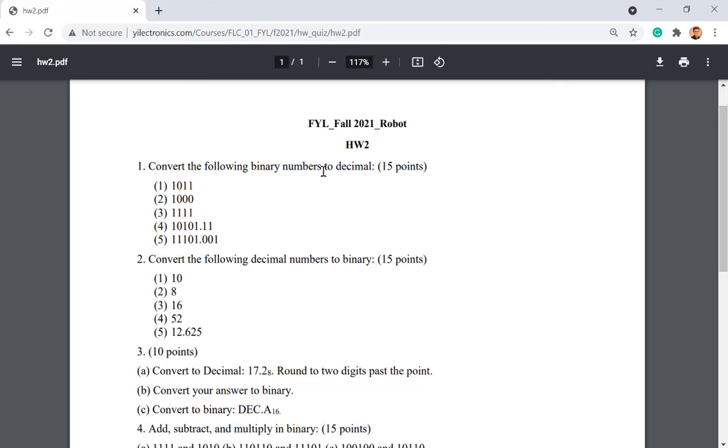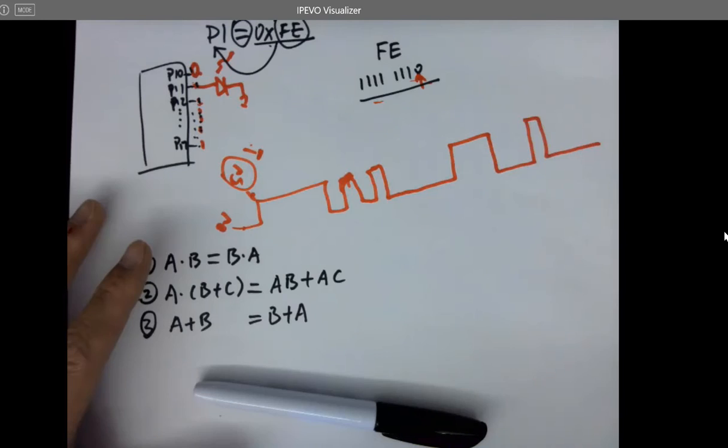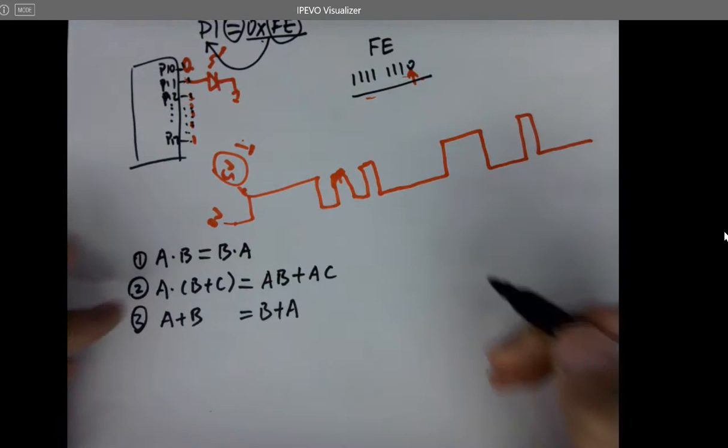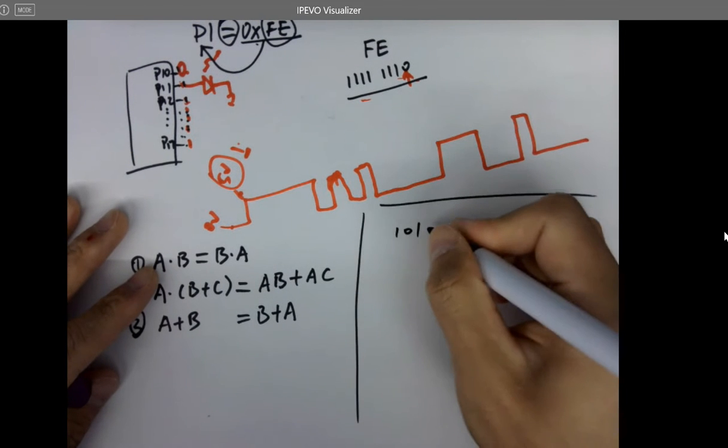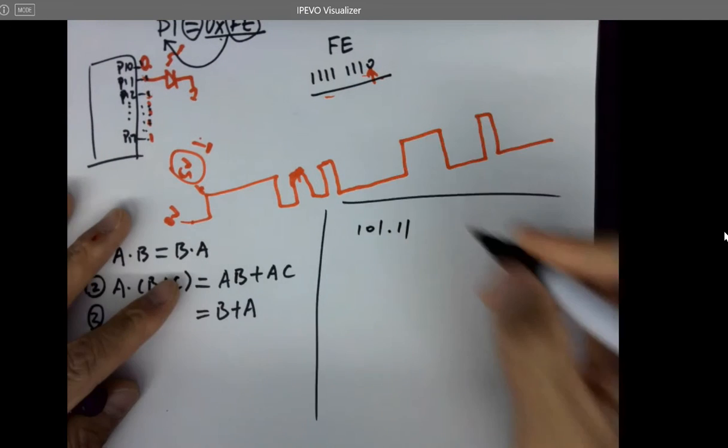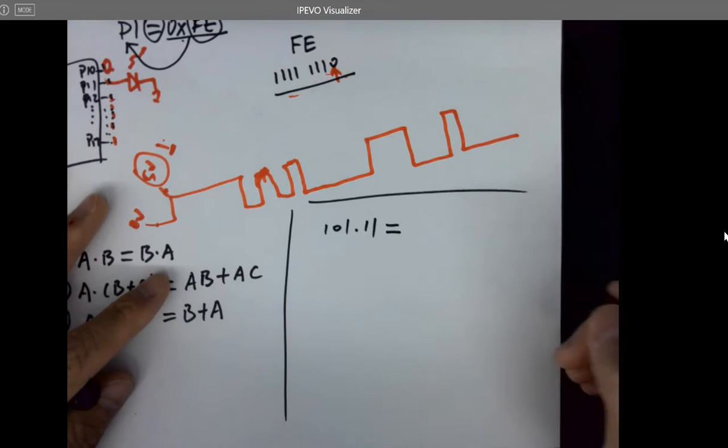So if this is a binary number like this, how do we convert it into a decimal number? 101.11. What's the decimal number?